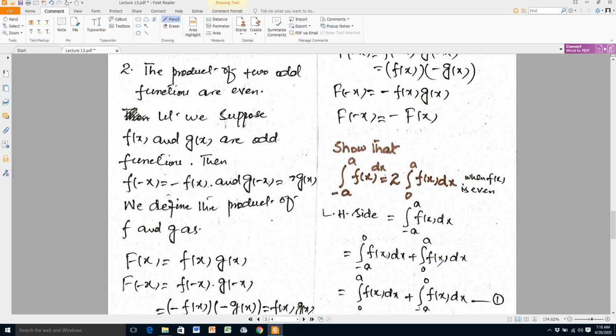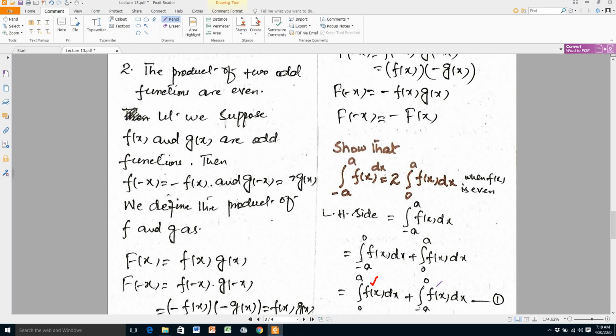This side is according to our required result. So I am interchanging their places. That is, from 0 to a of f of x dx plus from minus a to 0 of f of x dx. I am not disturbing this integral.